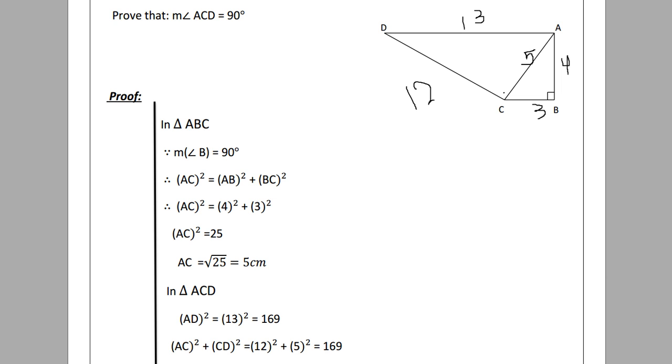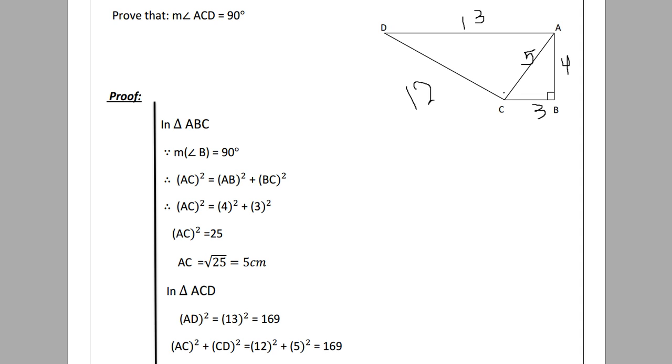The first important thing is to square the greatest side length in the triangle. This is the first step. And the second step, square the other two sides and add them.